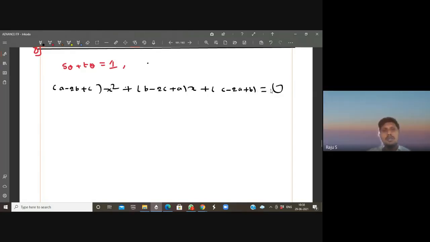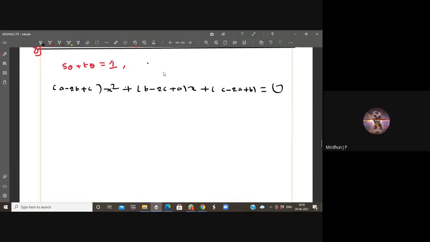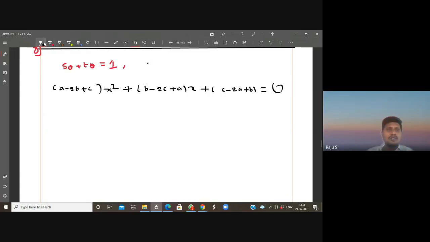Anyhow, here they have given a quadratic equation, and we need to find the roots of this equation.